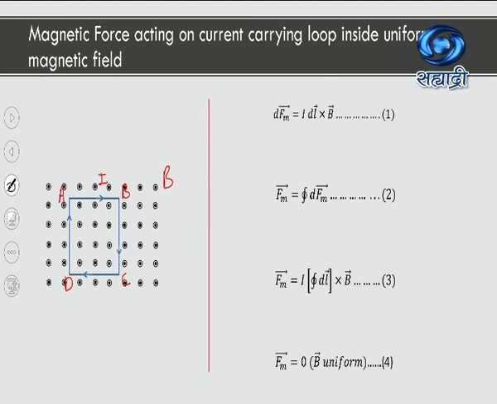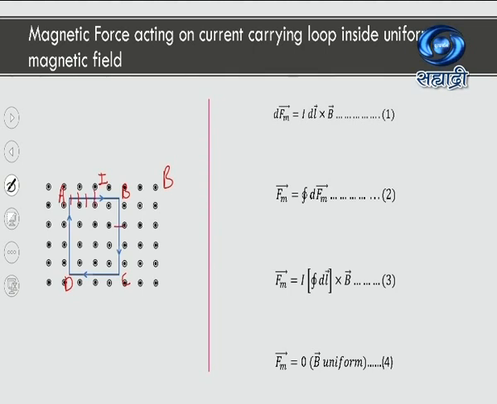Like the previous article, we will divide this loop into n number of small segments of length dl. So can we start at A and end at A? dl, dl, dl, like this.